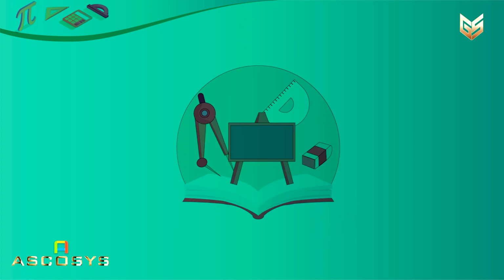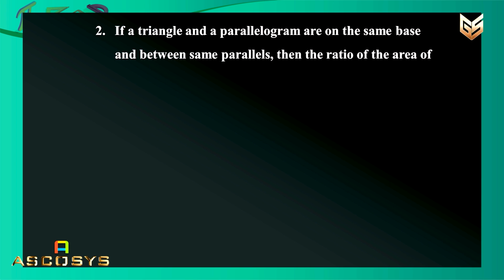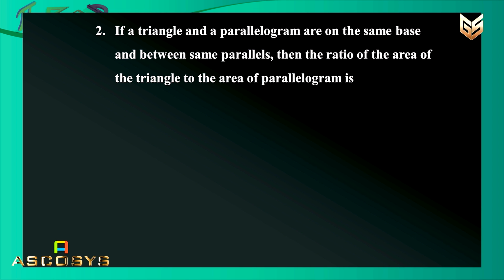The next MCQ is, if a triangle and a parallelogram are on the same base and between the same parallels, then the ratio of the area of the triangle to the area of the parallelogram is option A 1:3, option B 1:2, option C 3:1 and option D 1:4.